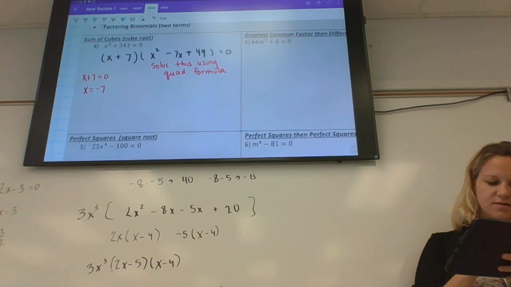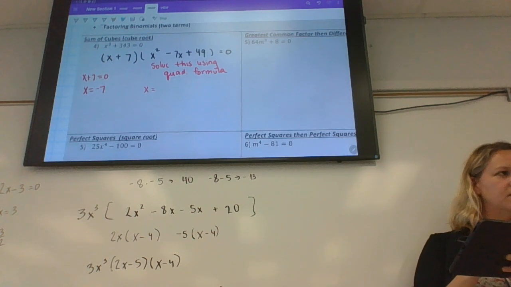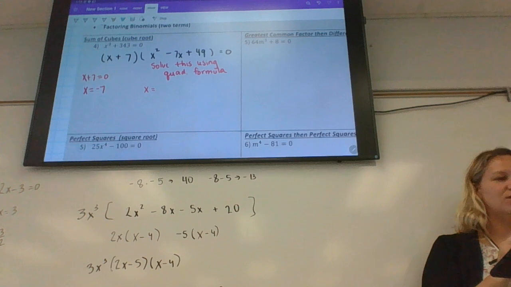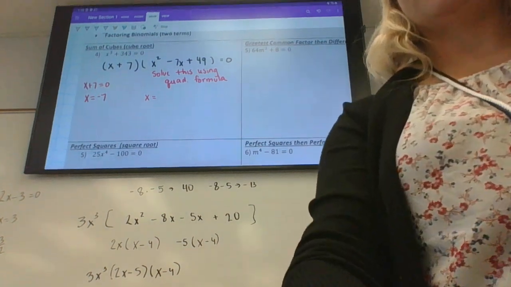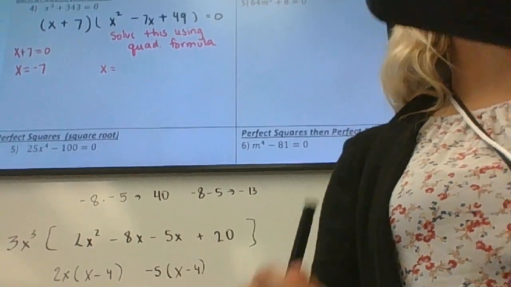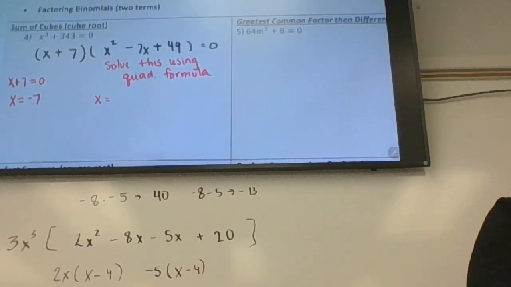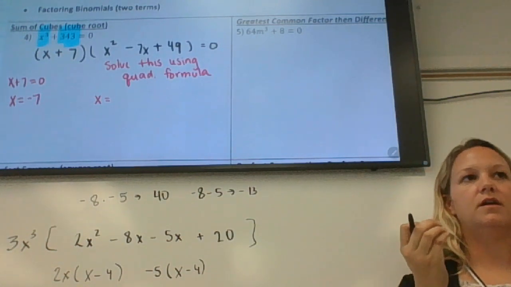Do you always use the quadratic function for that last binomial? On all perfect cubes. Okay, yeah. So it's x to the third, and this is in your list of cubes. You can put a list of cubes on the back of your handout too.